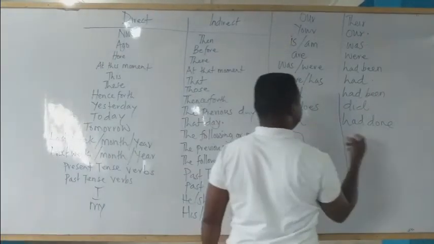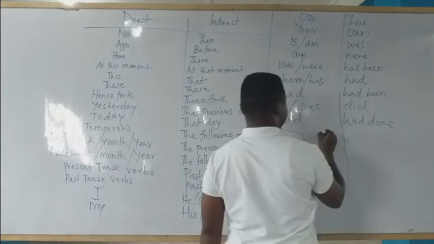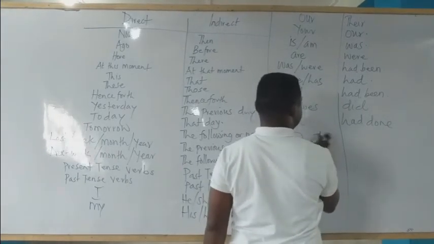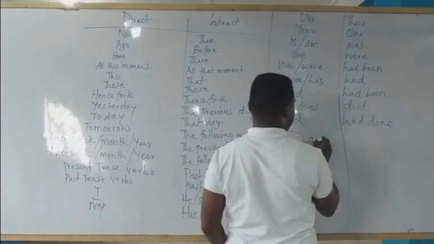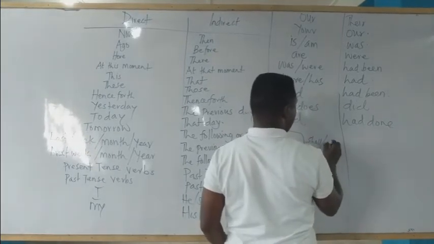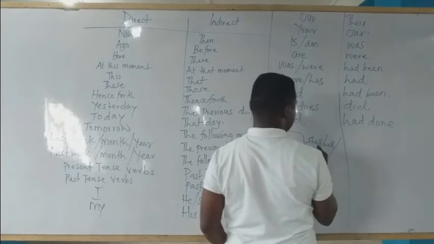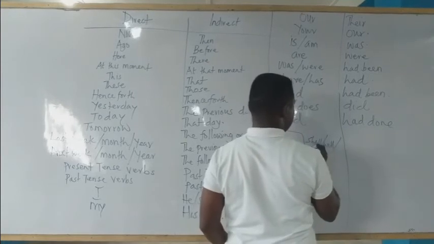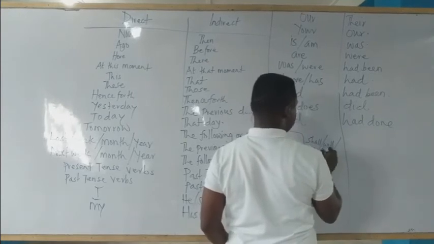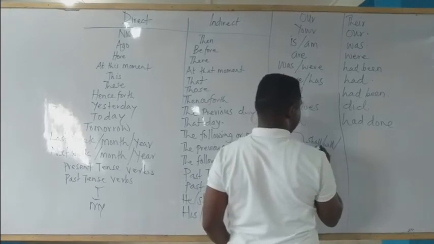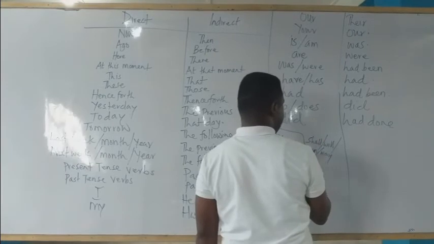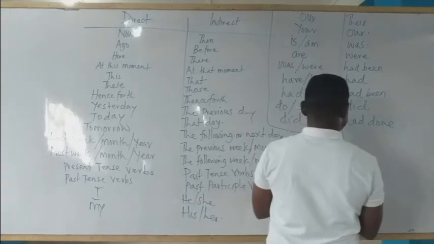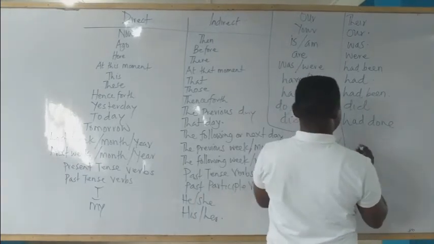Also, the modal auxiliaries. If you have shall, this present tense modal auxiliary, that is shall, will, can, may, these verbs in present form will all take the past tense.